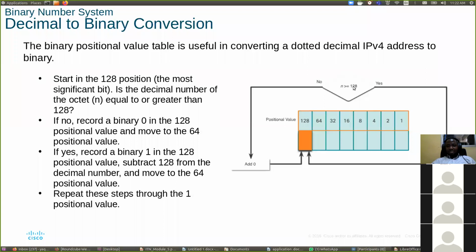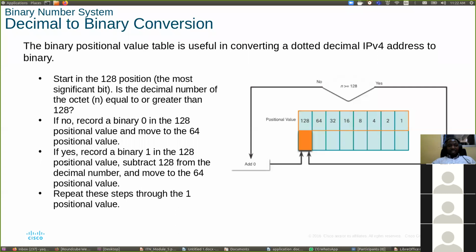If the condition is yes, you write 1 below 128. If the condition is no, you write 0 here. I hope it's clear. If yes, you go this way and write 1; if no, you add a 0.